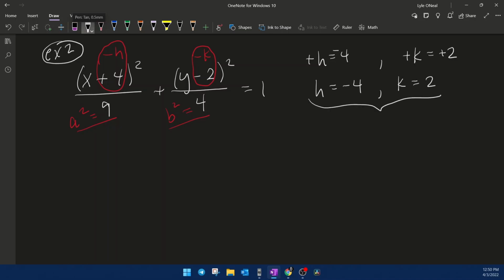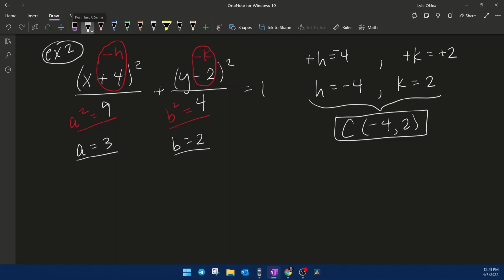And with these two pieces of information, we can get the center, which is the ordered pair h comma k. Now, we can also see that if a squared is 9, taking the square root of both sides would give us a is 3. And if b squared is 4, taking the square root of both sides would give us that b is 2.